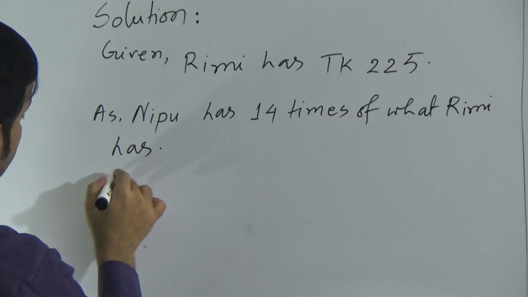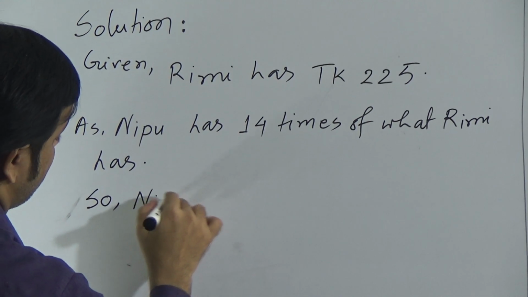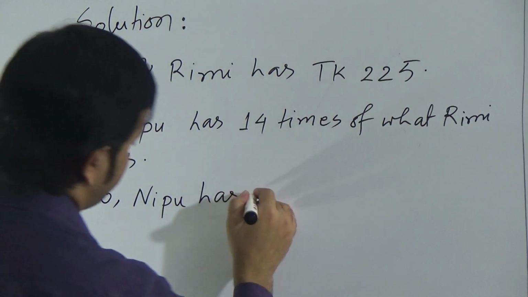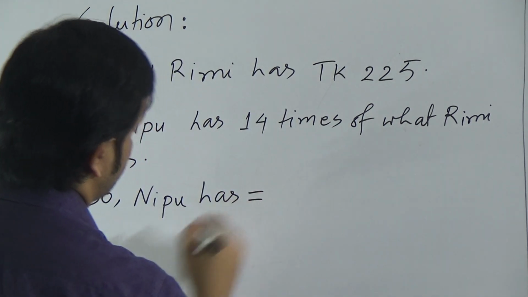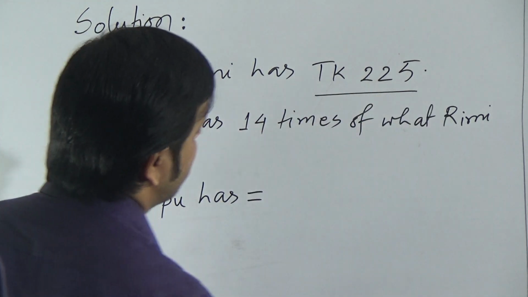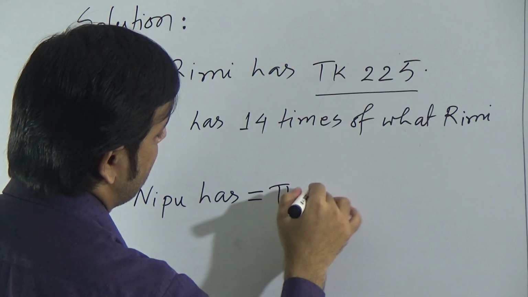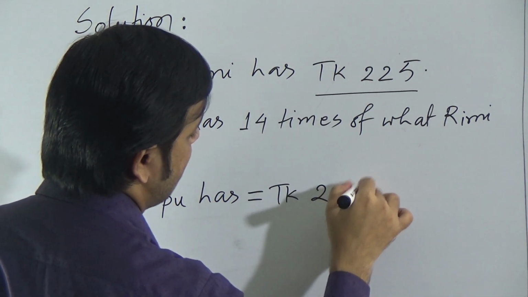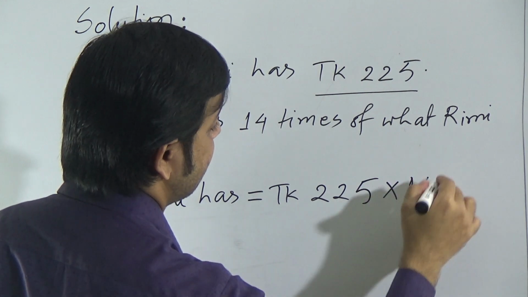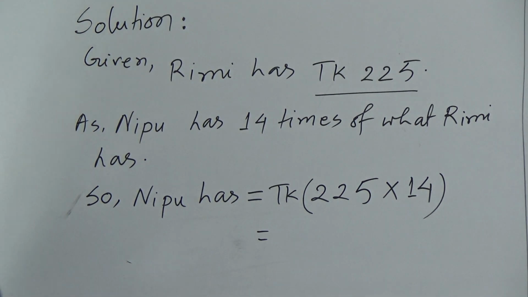So Nipu has, it means that we have to multiply taka 225 by 14. So we can write here taka 225 multiply by 14. We will get our required answer from this multiplication.